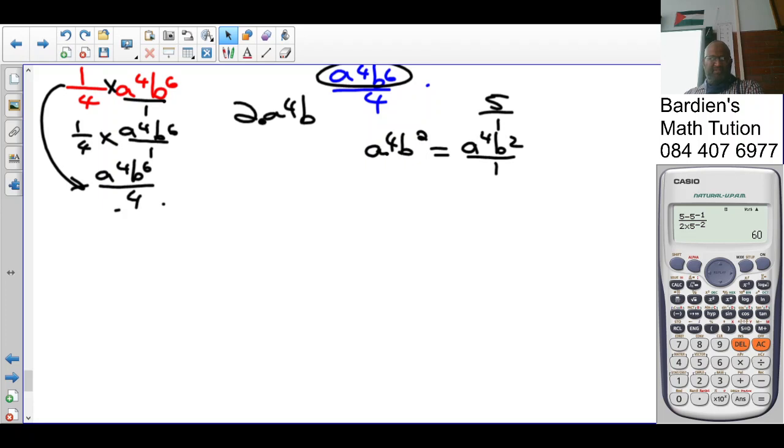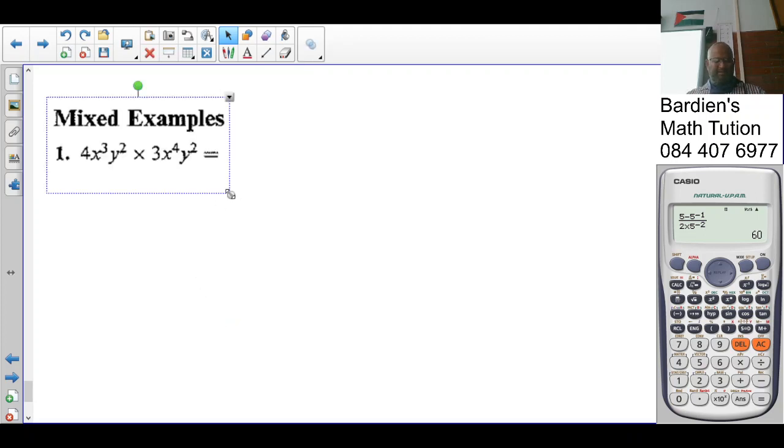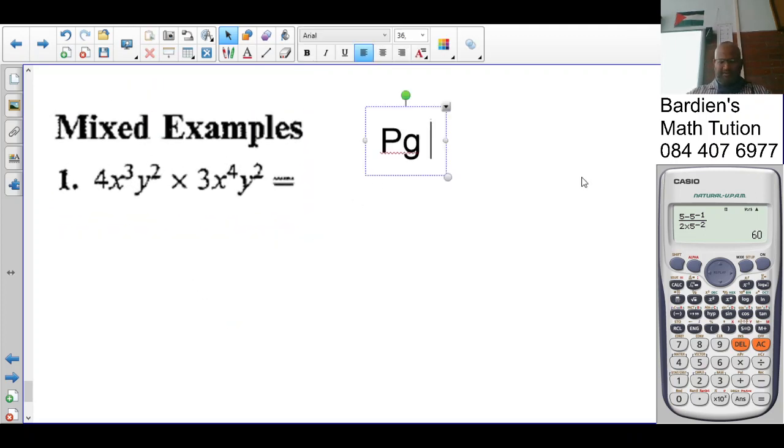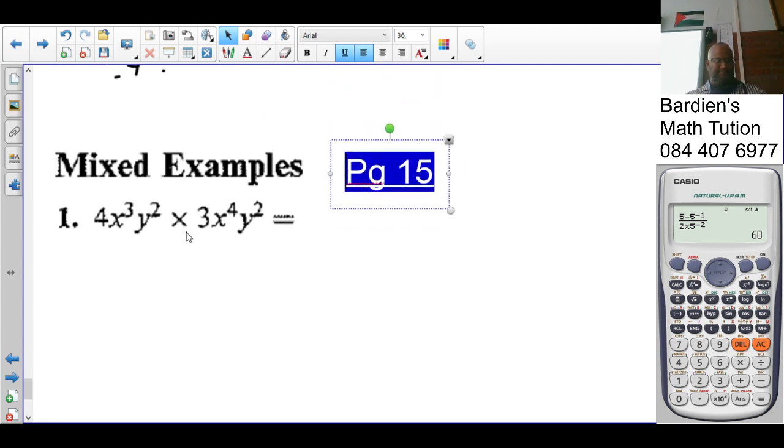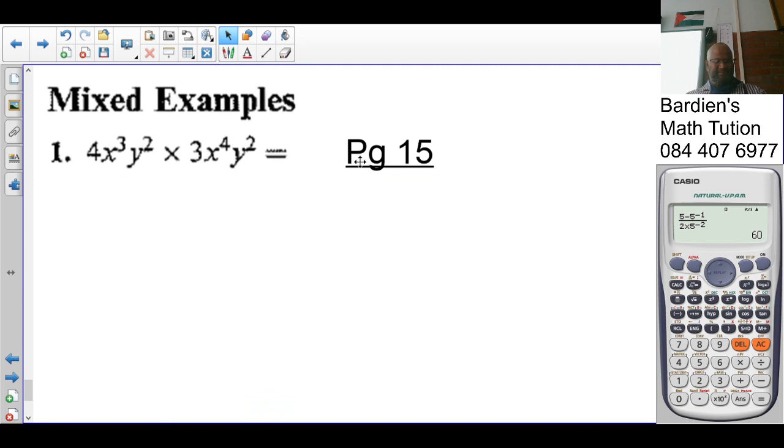Mixed examples on page 15. Do that quickly. Everybody.